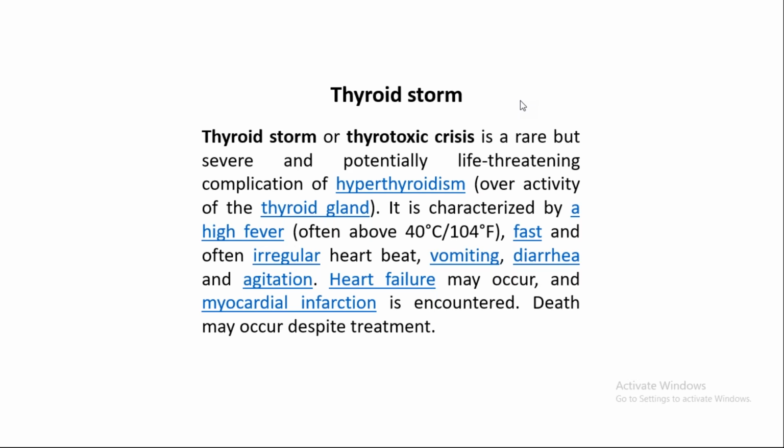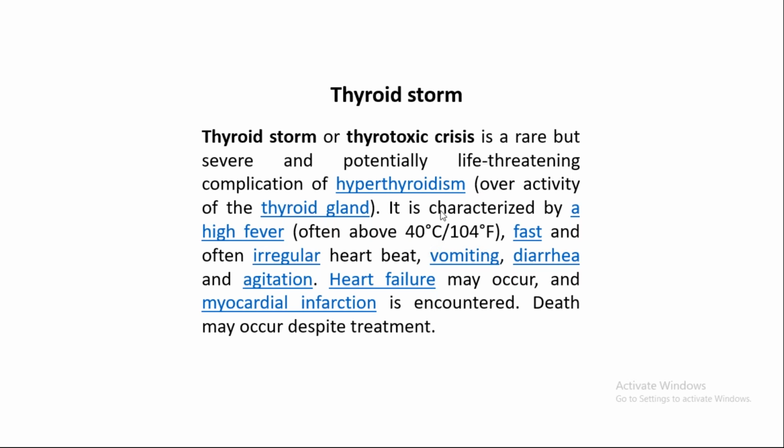If this situation occurs, when the thyroid hormone level is on the higher side, that will increase nutrient utilization and increase the body temperature, because the basal metabolic rate, BMR, is increased. So the body temperature goes to around 40 degrees centigrade, 104 degrees Fahrenheit. This is maintained when the thyroid hormone level is increased.